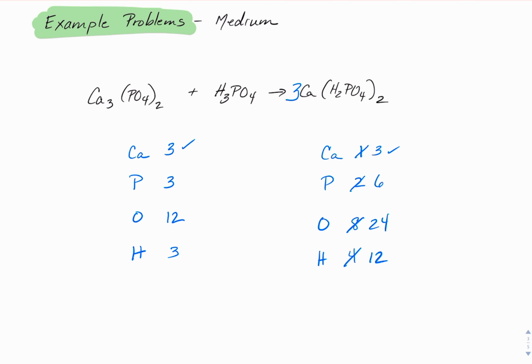So since there are a total of 2 substances that have phosphorus, we need to figure out a way to adjust that number to total up to 6. So keep in mind that if you put any coefficients in front of the substance with calcium that has 3 calciums in it, you're going to then adjust calcium also.